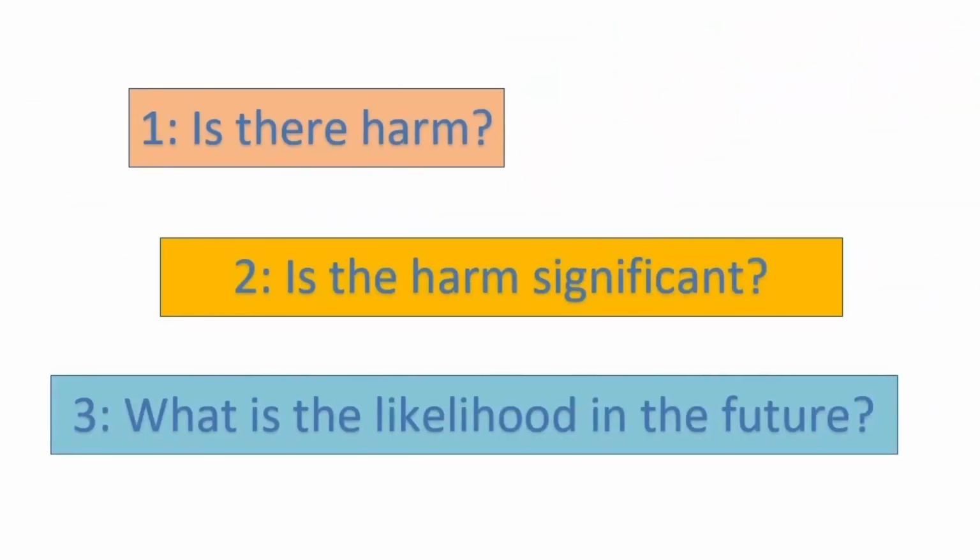Firstly, establishing harm, then its significance, and of course, likelihood. So when we look at significant harm, we're either looking at significant harm that has occurred, where you have therefore evidence, or significant harm that is likely to occur in the future. And of course, you also have significant harm that has taken place and is likely to continue.